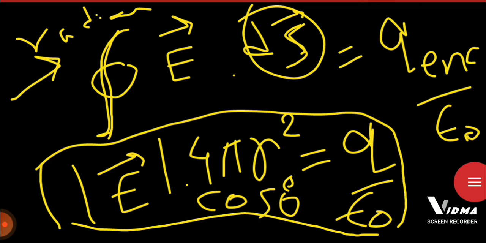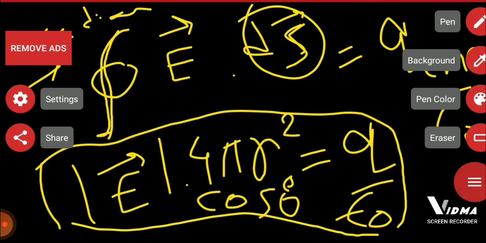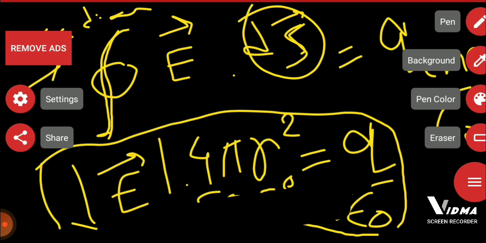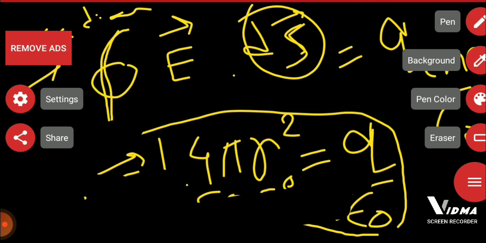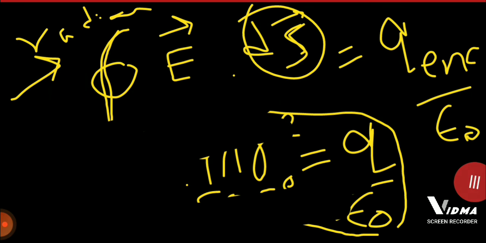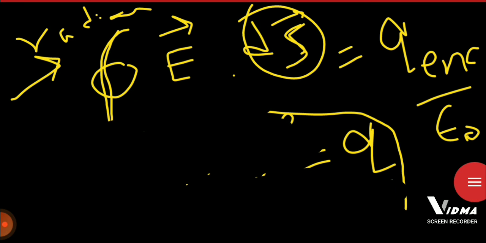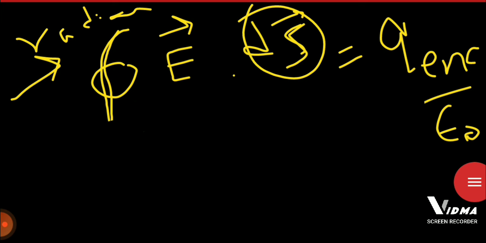So writing again clearly, we have considered a Gaussian surface of small radius r that has area 4 pi r square. Now we have the dot product of the electric field with that Gaussian surface area. So E dot dS cos 0, and cos 0 is 1.